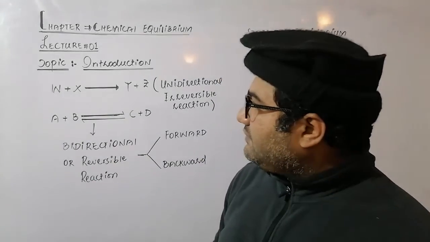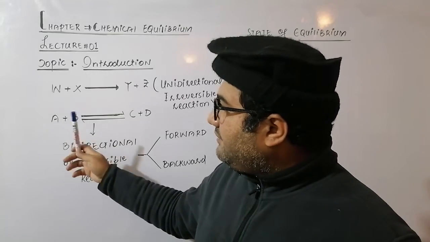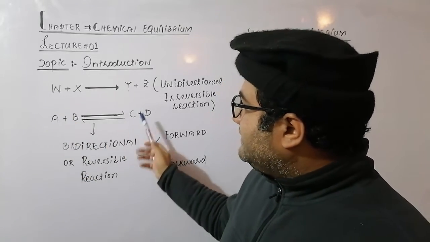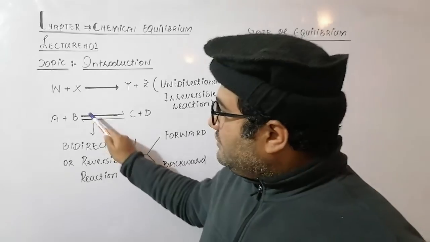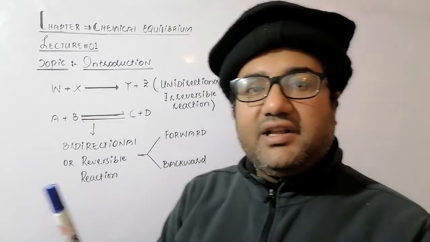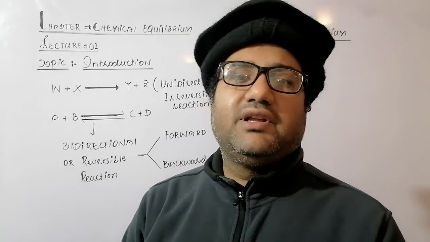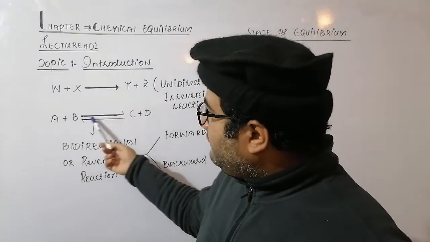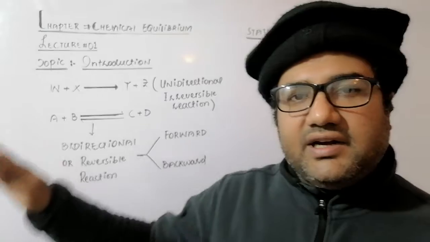But as the reaction proceeds, the concentration of A and B decreases and that of C and D increases. So the collisions between A and B also decrease. It means that the speed of the forward reaction decreases with the passage of time.